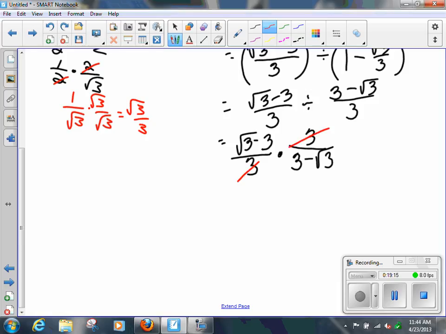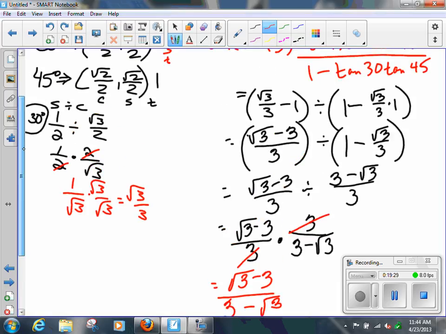Can I mark out my root 3's? Why not? They're holding hands. Yes, sir. No. Because it's minus. 1 minus that denominator. You're talking about the denominator, right?